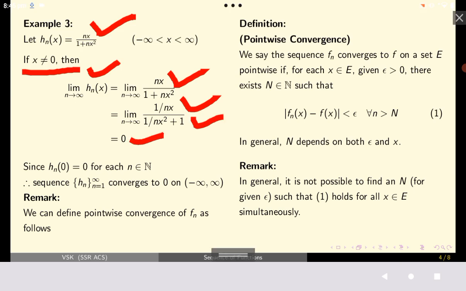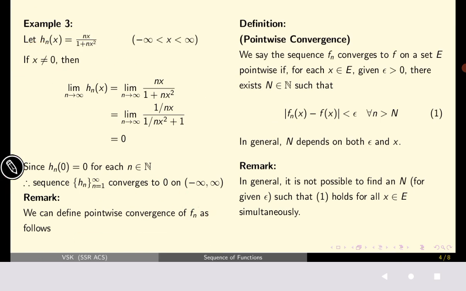Also, if x is equal to 0, from this expression we get hn(0) is 0 for each n. So the conclusion is that the sequence hn converges to 0 on minus infinity to infinity.